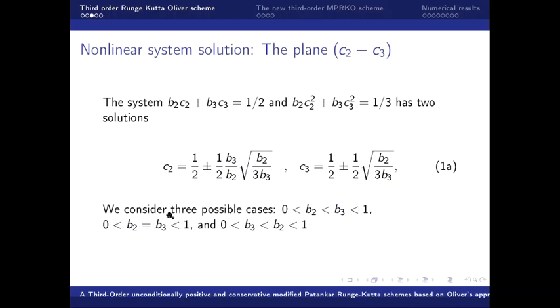We consider three possible cases. Case 1, 0 less than B2 less than B3 less than 1. Case 2, 0 less than B2 equal B3 less than 1, and case 3, 0 less than B3 less than B2 less than 1.